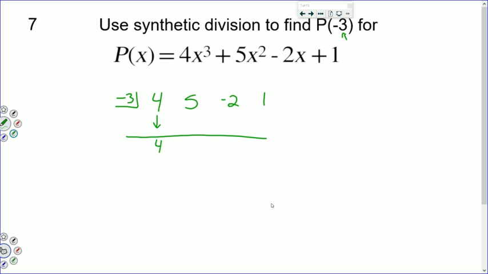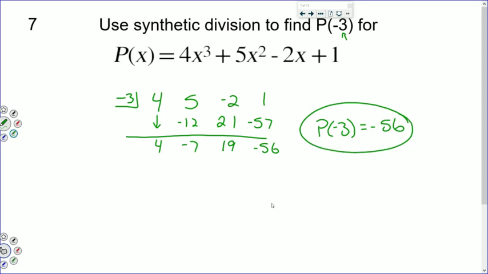Now negative 3 times 4 is negative 12, plus 5 is negative 7. Negative 3 times negative 7 is positive 21, which then this is 19. Negative 3 times 19, let's see, that is 60 minus 3, so that is negative 57, plus 1 is negative 56. So p of negative 3 is negative 56. That is our solution for this guy.